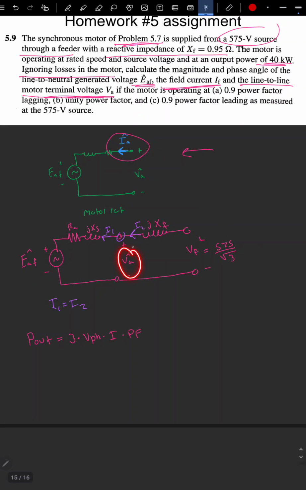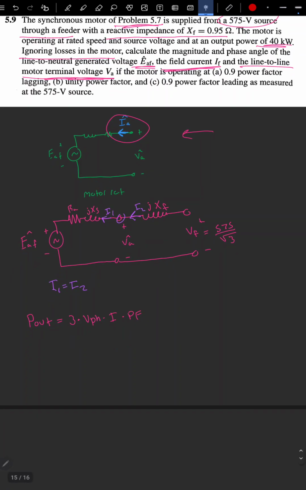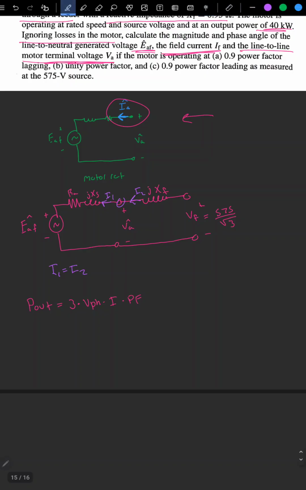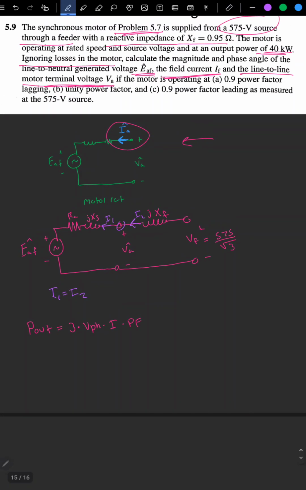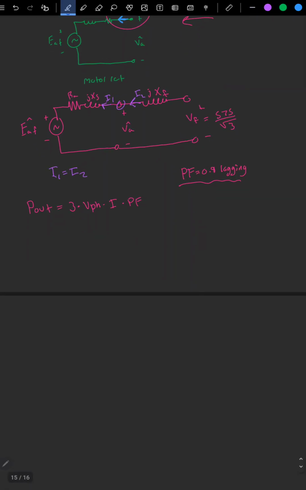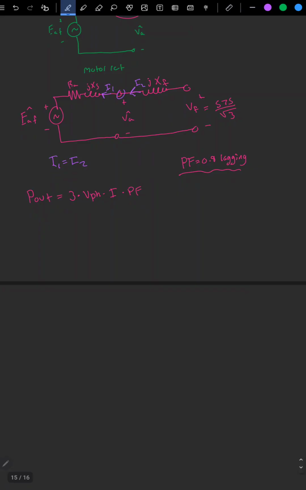So we're trying to find VA, and we're trying to find EAF as well. But that's basically what's given to us at this moment. And sorry, the power factor is 0.9 lagging. Kind of all over the place, this problem. But, okay.